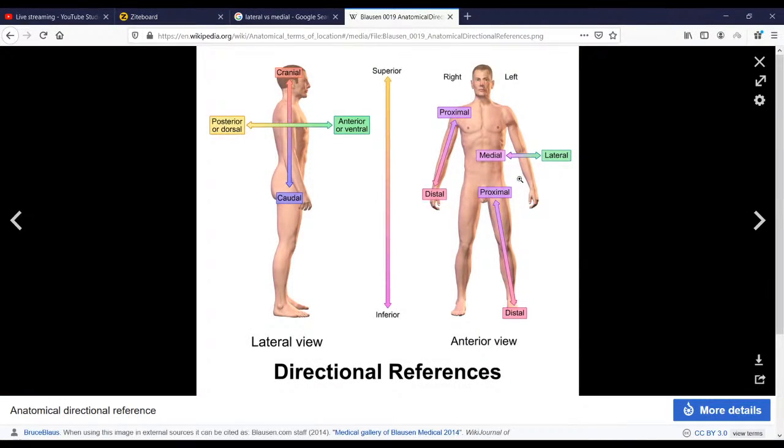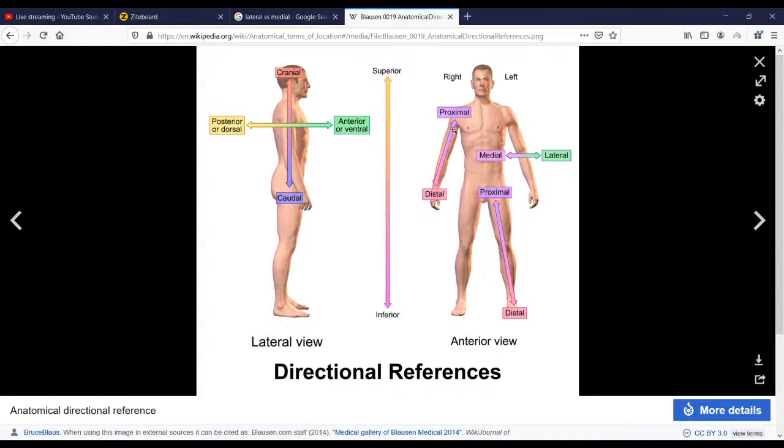Now look, medial means you are coming towards the midpoint. So the ligament on this side is known as the medial collateral ligament, and the ligament on this side, going lateral, is known as the lateral collateral ligament.